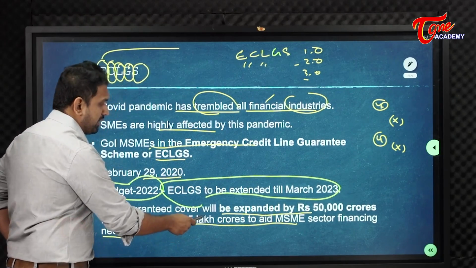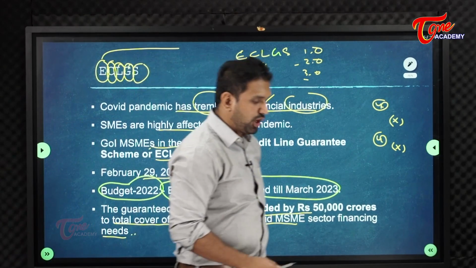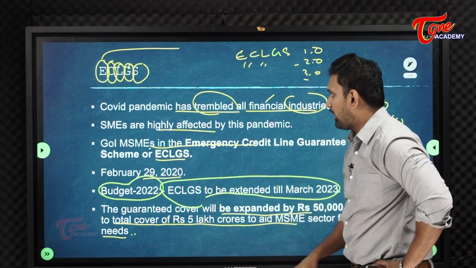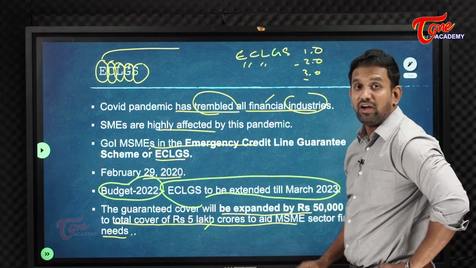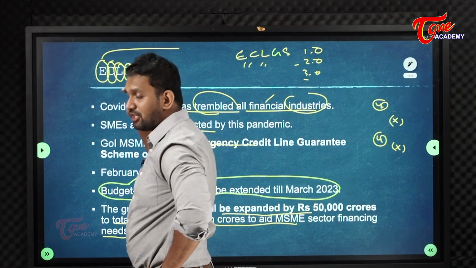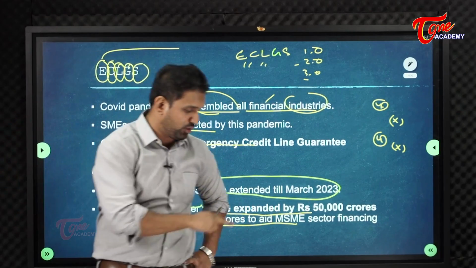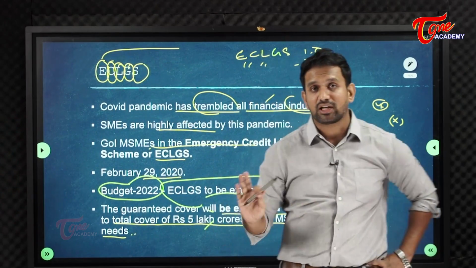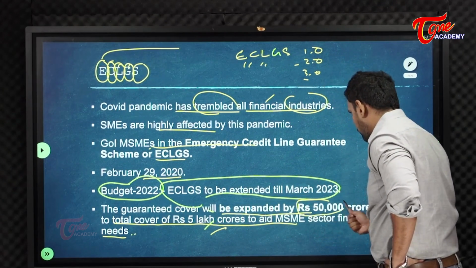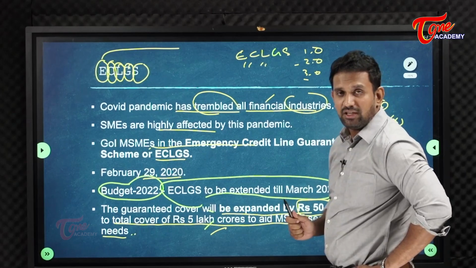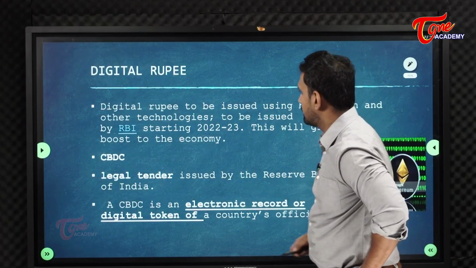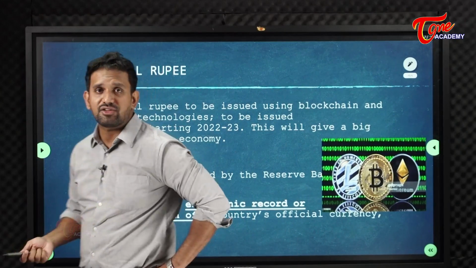This means in this budget 50,000 crores were given, and till now 5 lakh crore was spent on this scheme, ECLGS 1.0, 2.0. In this budget, how much is given? Very important ECLGS scheme recently got allocated how much? 50,000 crores.